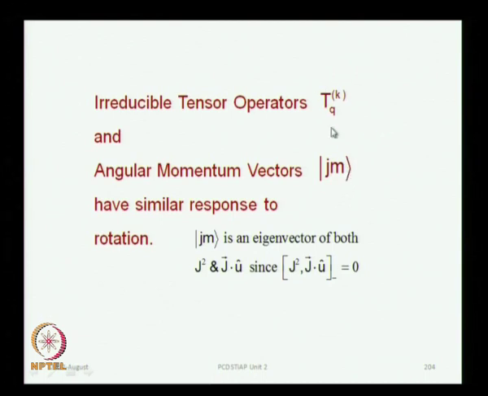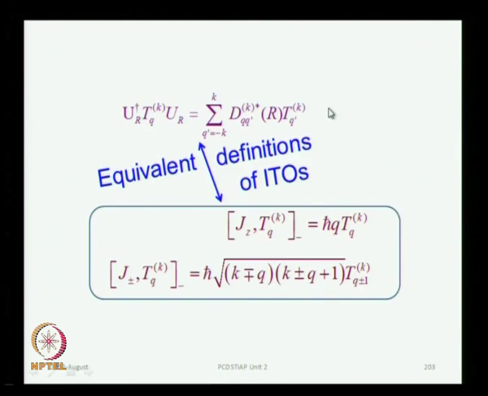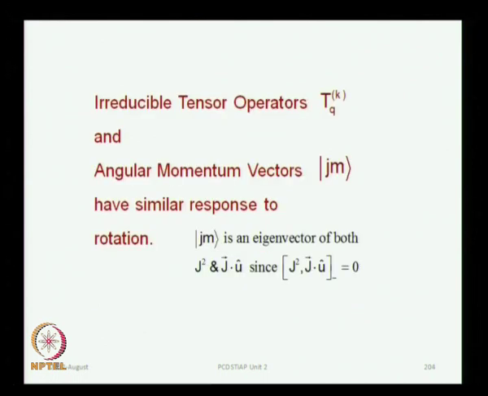Okay. What is this? This is an irreducible tensor operator, which is defined according to how its components transform under rotations. Okay.